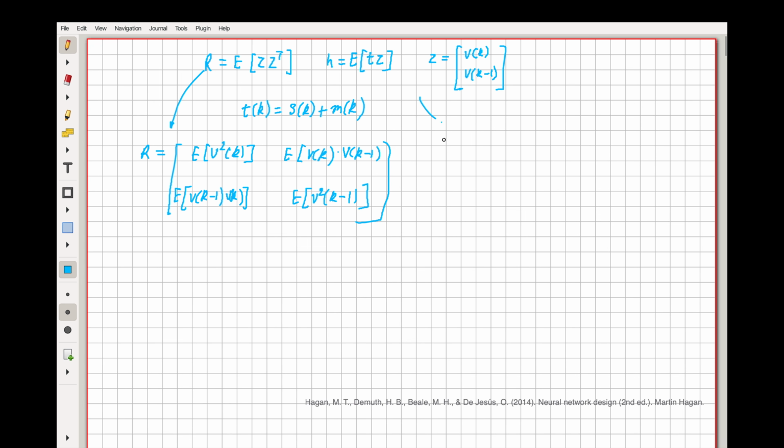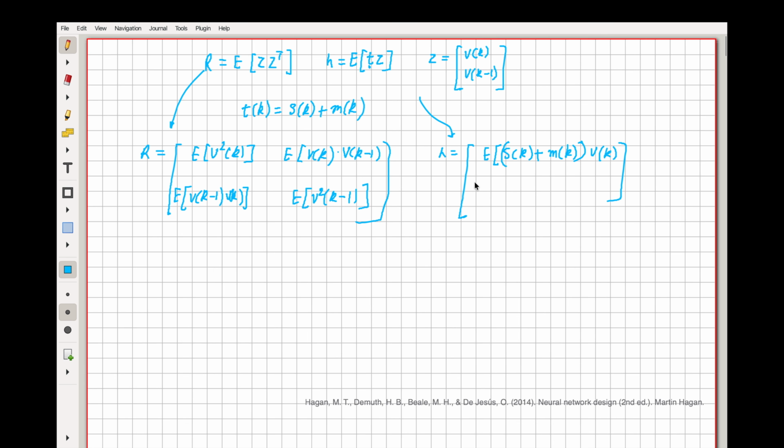Likewise, for h, we can get the general equation, which would be expected value of s_k plus m_k, and that's the part for the t right here, and then we have the v_k that comes from the z.